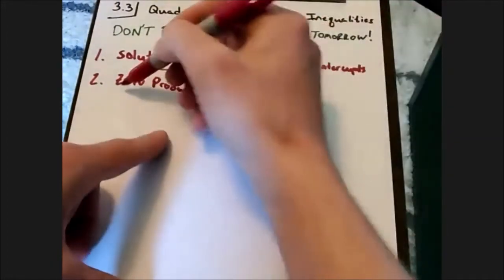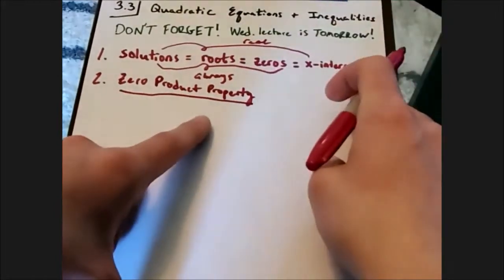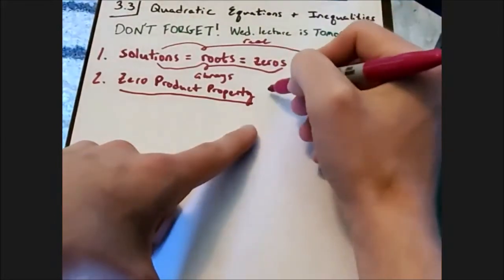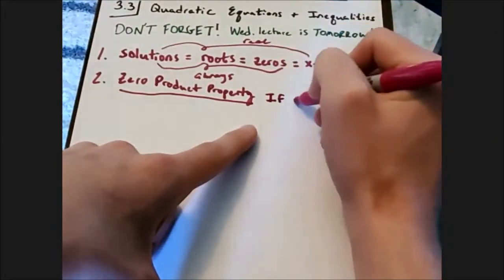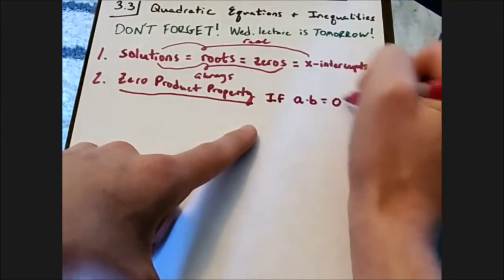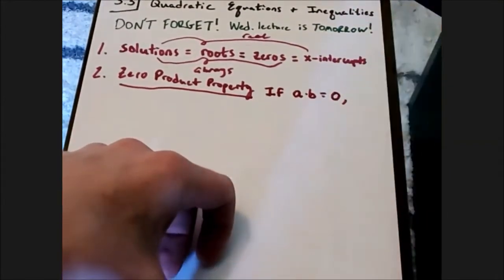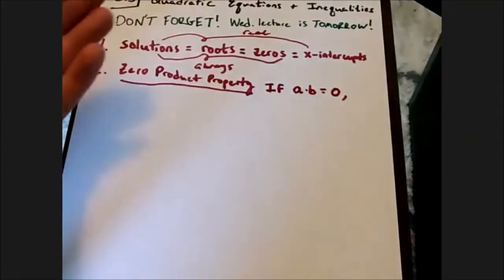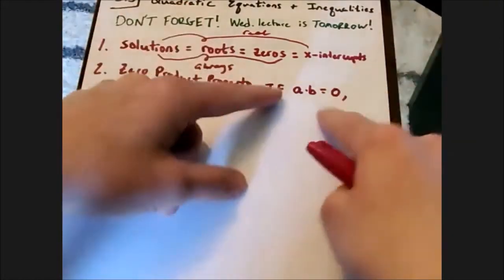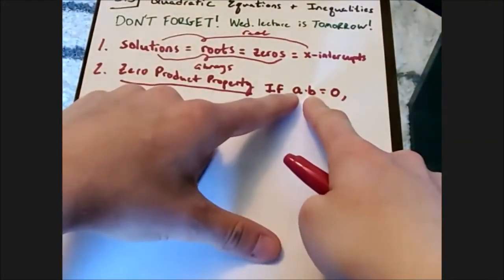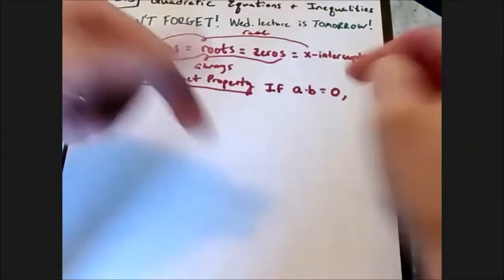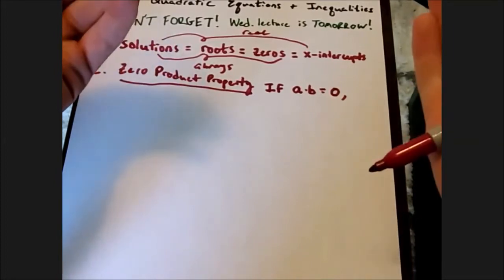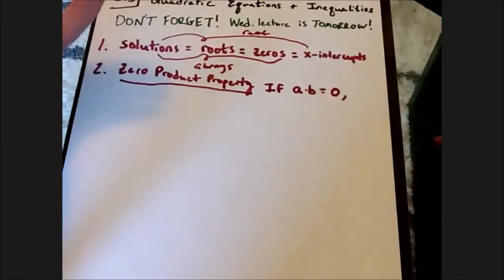So briefly, and I won't get into the full-on definition, the zero product property says if you take A times B and it equals 0, then you have learned something very profound about A and/or B. And that's because we know in mathematics, if we multiply two things together, and that's why we're using A and B, this literally means anything. If you multiply two of anything together and it equals 0, we know from math that either A is 0 or B is 0, or they're both 0. And that's exactly what the zero product property tells us.